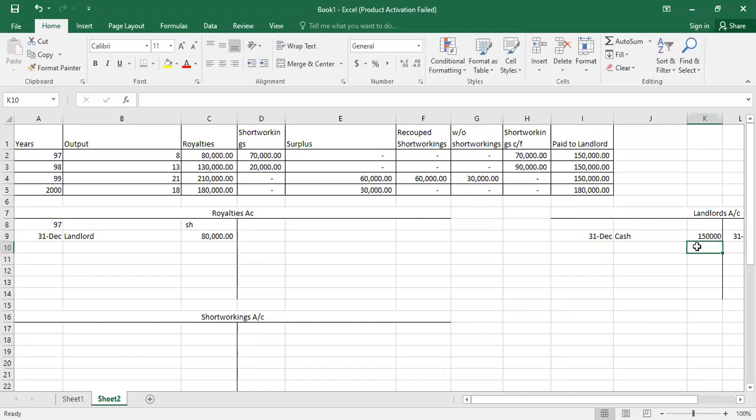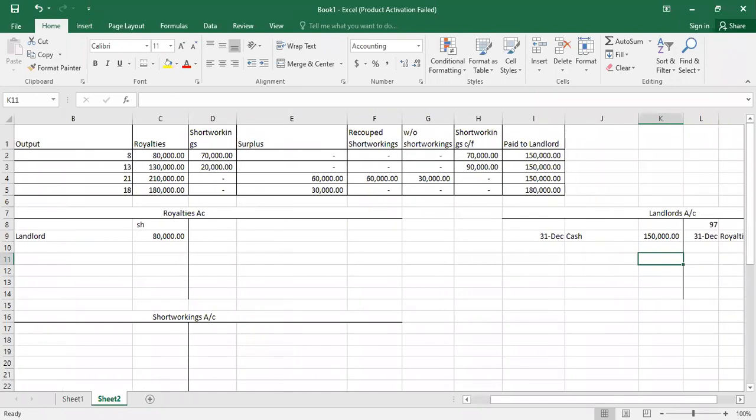And this is what will be giving us the shortcomings, because the difference of the debit side and the credit side will be our shortcomings for that particular year, isn't it? So the royalties account will be closed with the landlord's account. So that one is already closed.